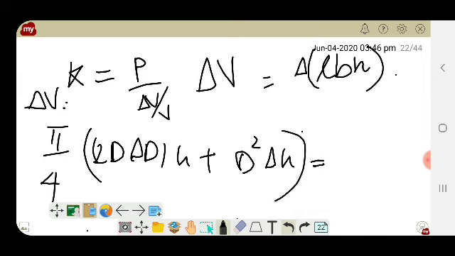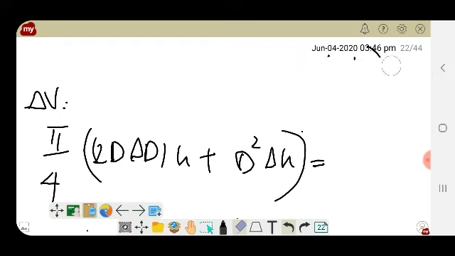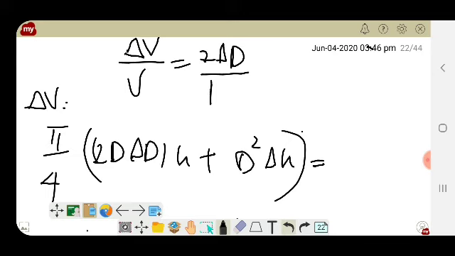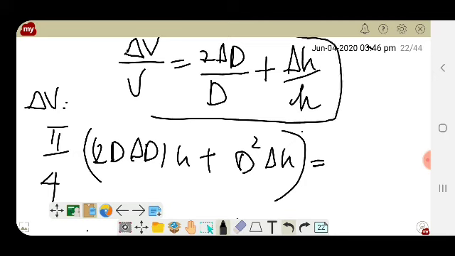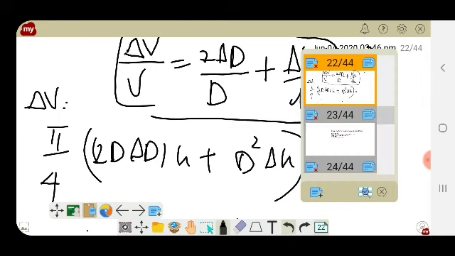Dividing throughout by pi by 4 d square h, delta V by V is 2 delta d by d plus delta h by h. That is for a cylinder.